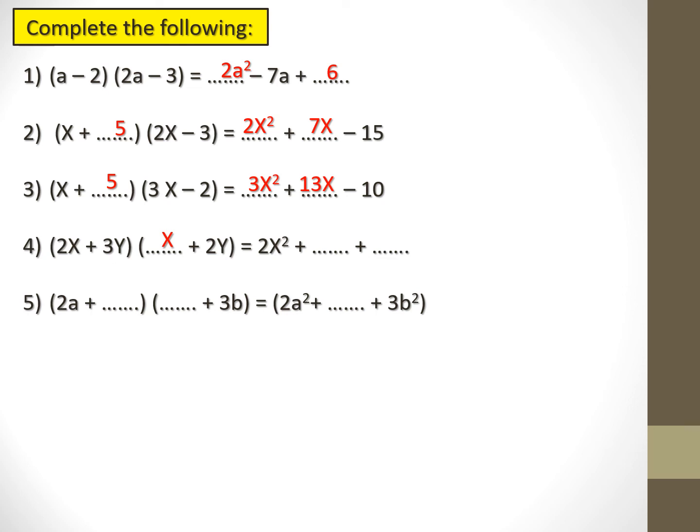If we add them, it will be 7xy. The last term, the product of 3y times 2y equals 6y power 2.